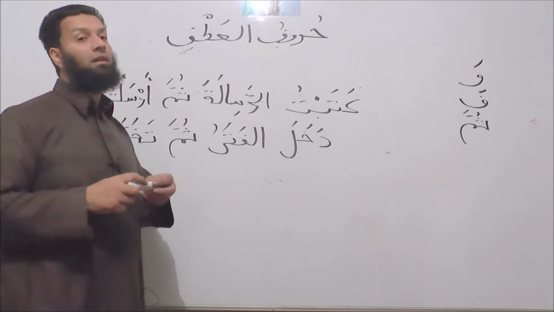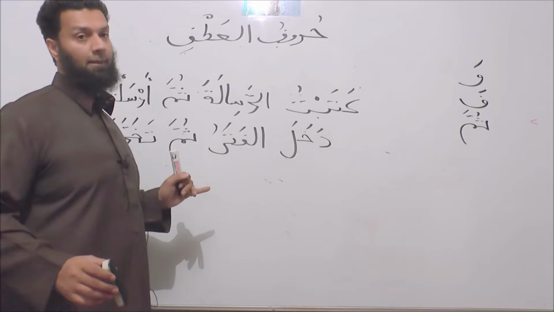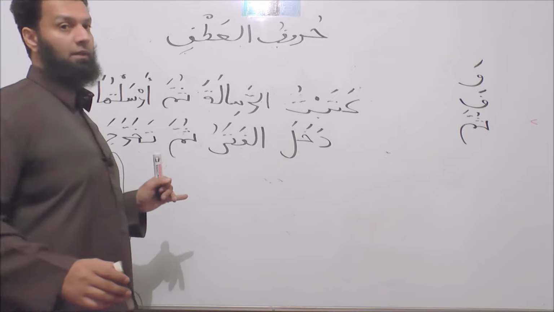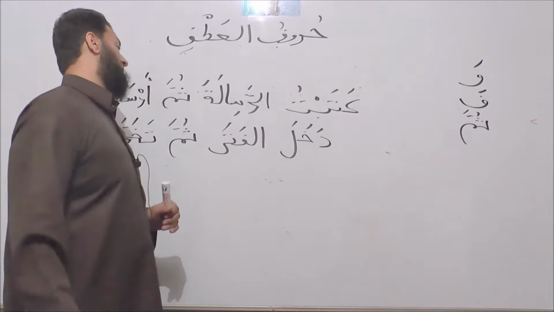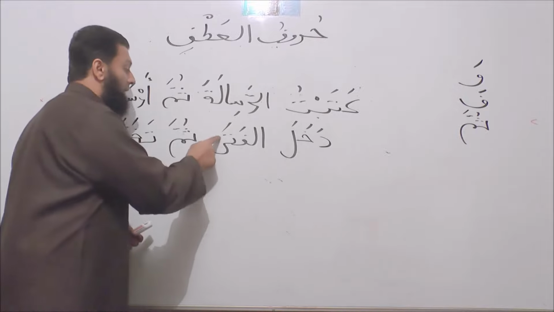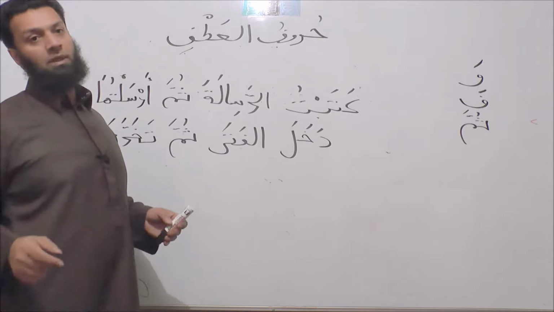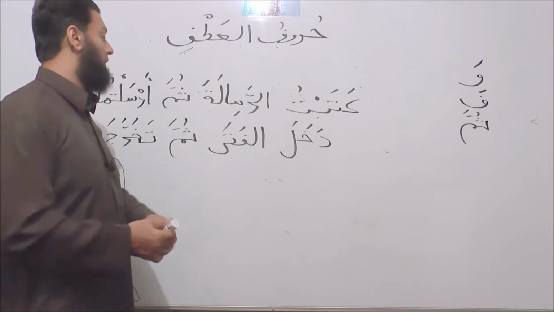It's المقدرة, it's implied or assumed to be there. Okay? It's not there because of a mani', because of an obstacle, and that obstacle happens to be the alif maqsura, and the alif maqsura cannot accommodate a dhamma.